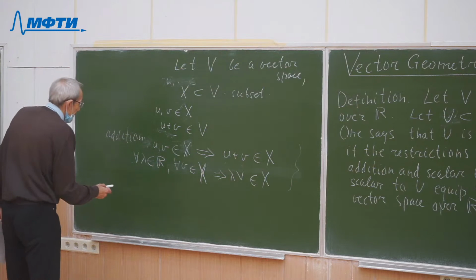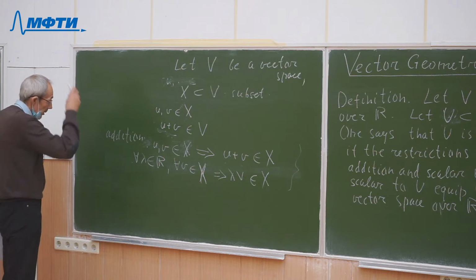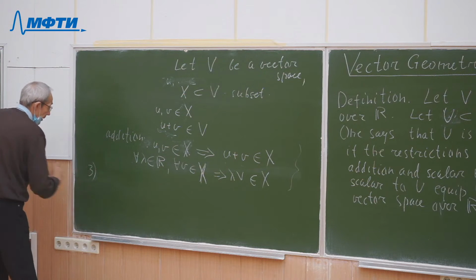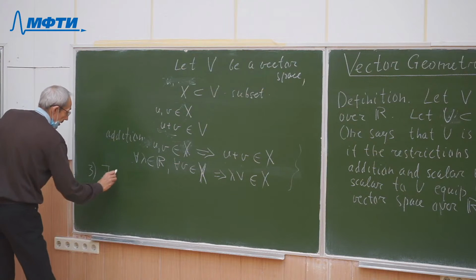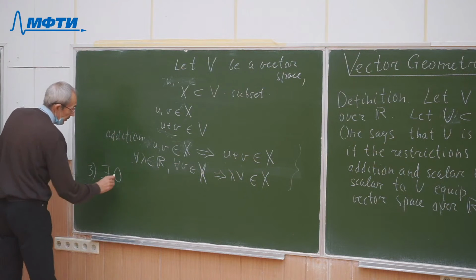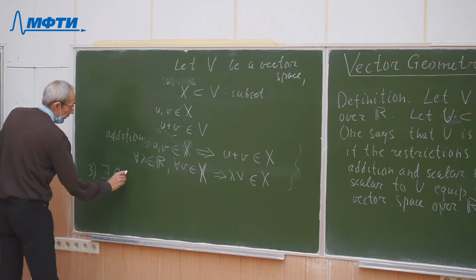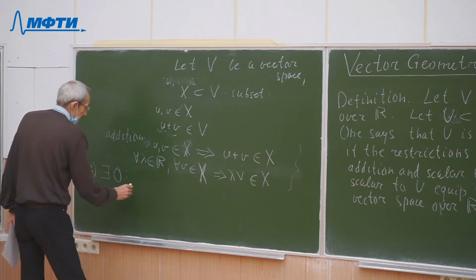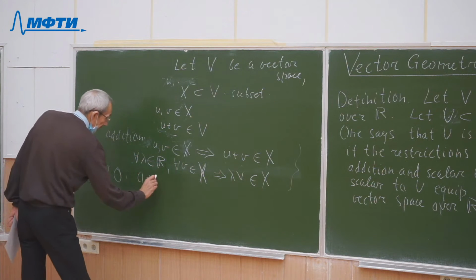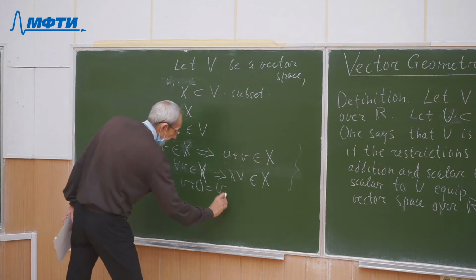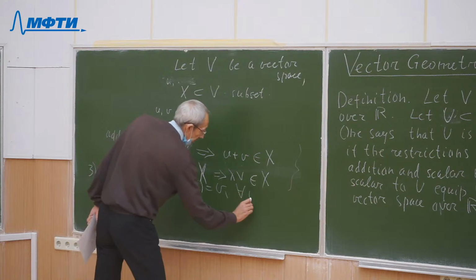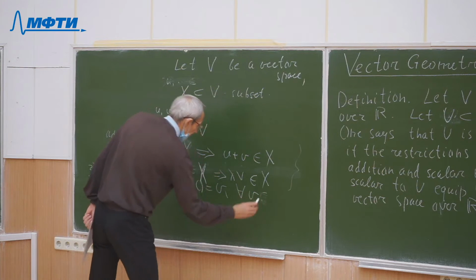For example, axiom 3 of a vector space asserts that there exists the zero vector such that 0 plus v is equal to v plus 0 is equal to v for all vectors v.